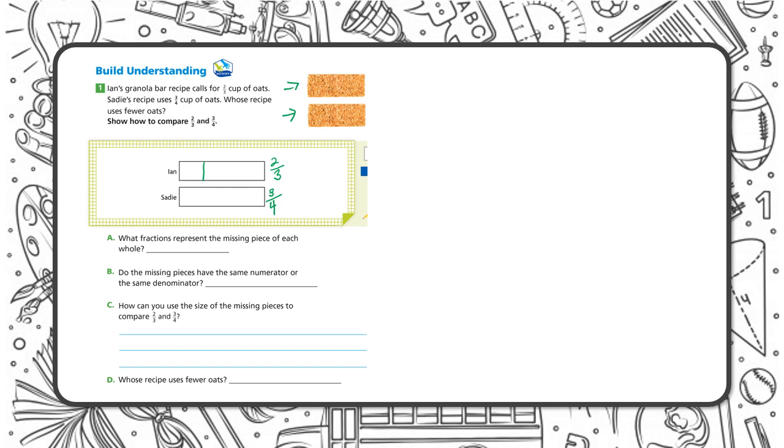Thirds about here and here, and fourths. Okay. So I know that Ian's granola bar recipe calls for 2/3. And Sadie's recipe uses 3/4.